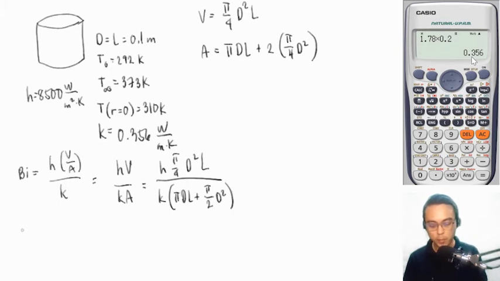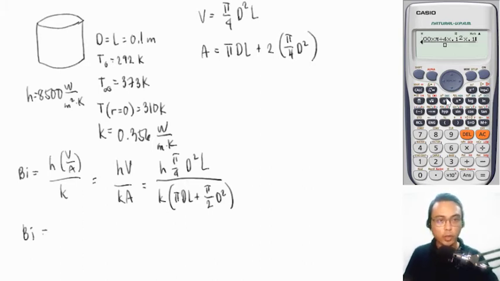Substituting everything, we have 8,500 times pi divided by 4 times d squared L, 0.1 squared times 0.1, divided by K, 0.356 times pi dL, 0.1 times 0.1, plus pi divided by 2 times d squared, 0.1 squared.